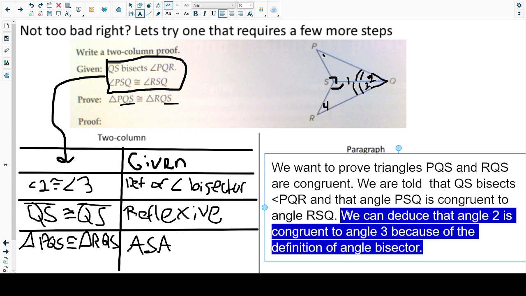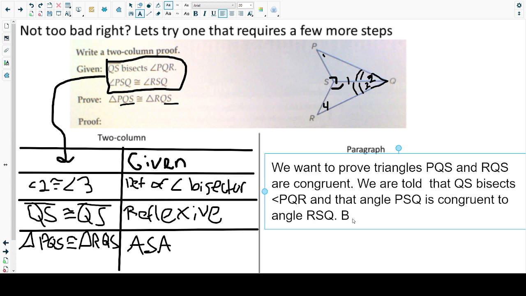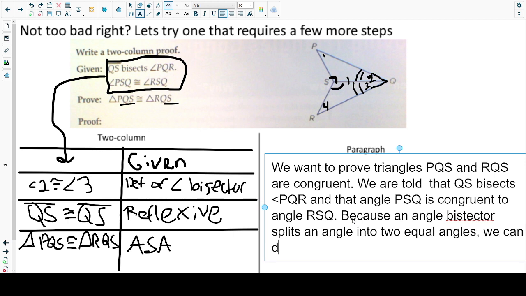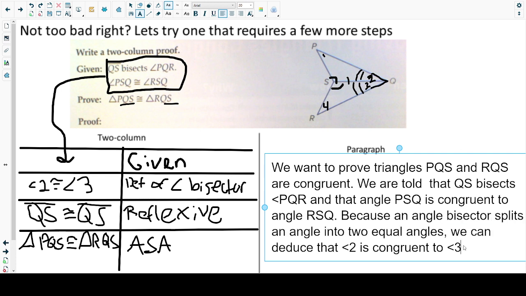Another thing could be something like this. If I want to rephrase a sentence, I can say because an angle bisector splits an angle into two equal angles, we can deduce that angle 2 is congruent to angle 3. That'd be another way of saying the same thing. It's probably a little bit more formal, a little bit more professional to write like that, but again, it gets the same point across.